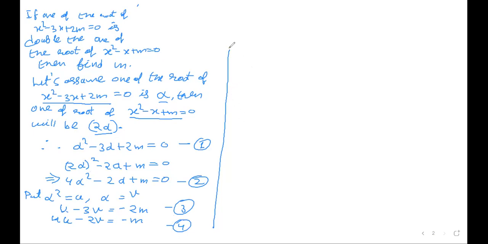Yes, sir. Using the crisscross method, we get u upon (minus 3, minus 2; minus 2m, minus m) equals v upon (minus 2m, minus m; 1, 4) equals minus 1 upon (1, 4; minus 3, minus 2).